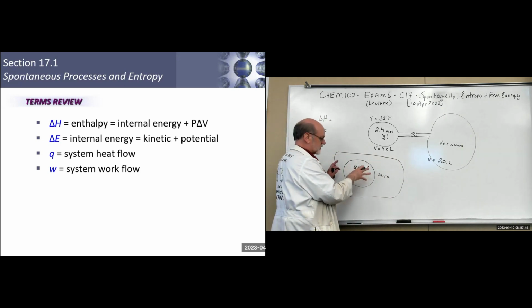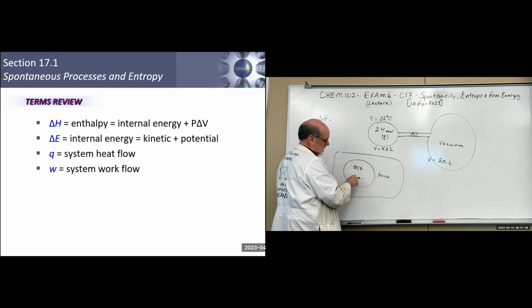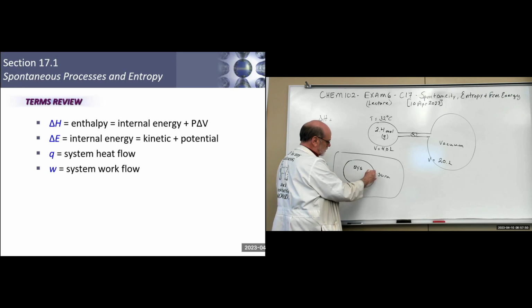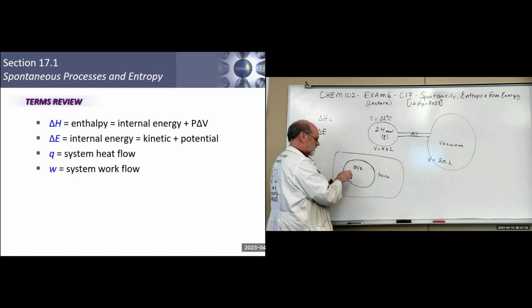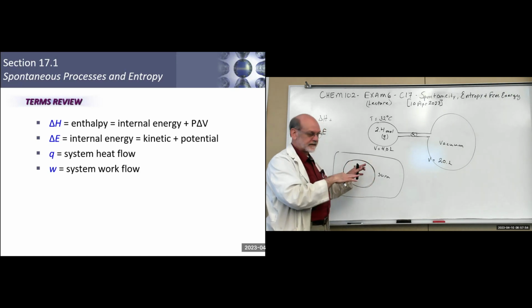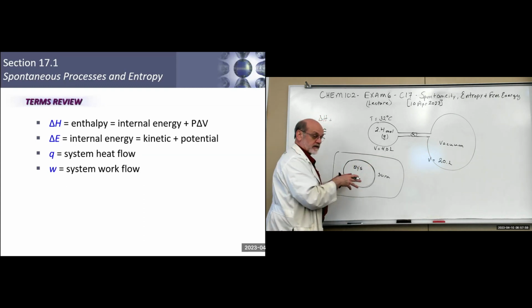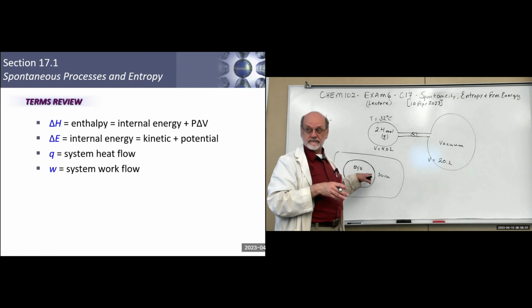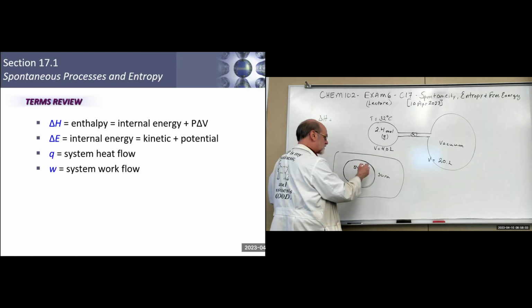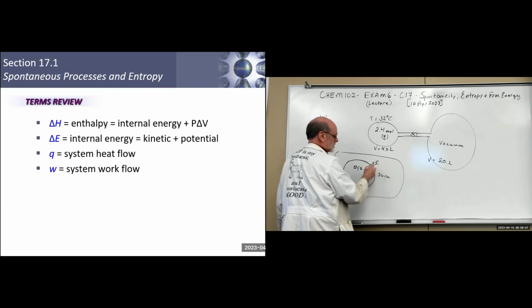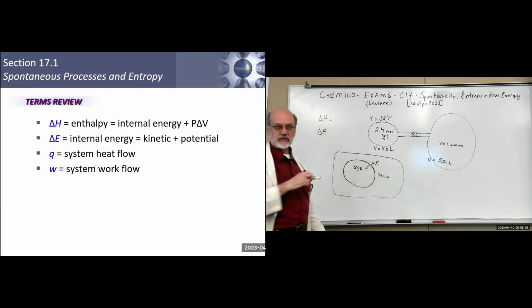We have an isolated system. In fact, we isolate this part from the surroundings so that everything that happens in Vegas stays in Vegas. But if we let energy transfer, not matter, energy, this is a closed system. So nothing crosses these boundaries except maybe energy, heat, our little Q.